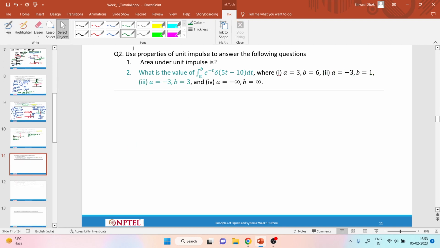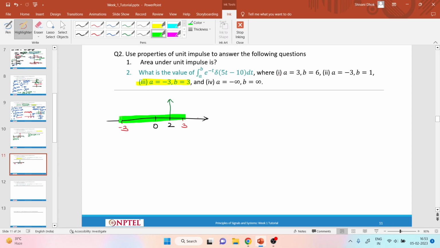Now if we have this third range, what we are having is: your impulse is at 2, this is 0, this is minus 3, and this is 3. And now I am integrating it in this region.